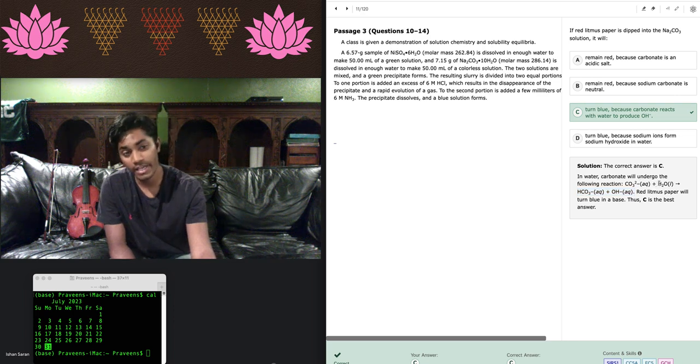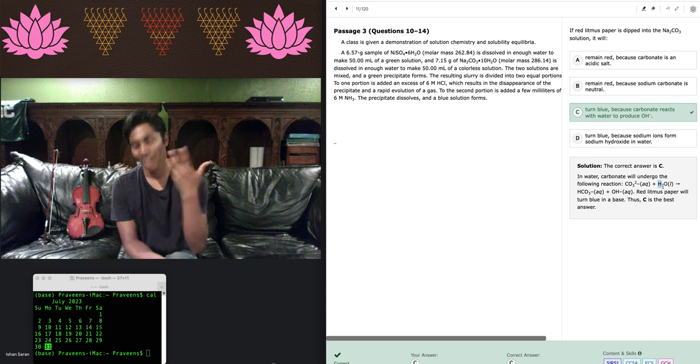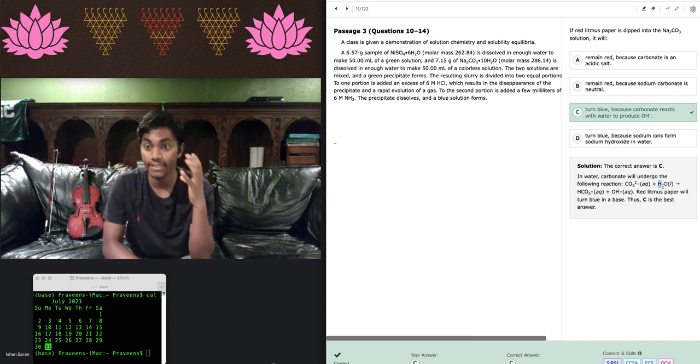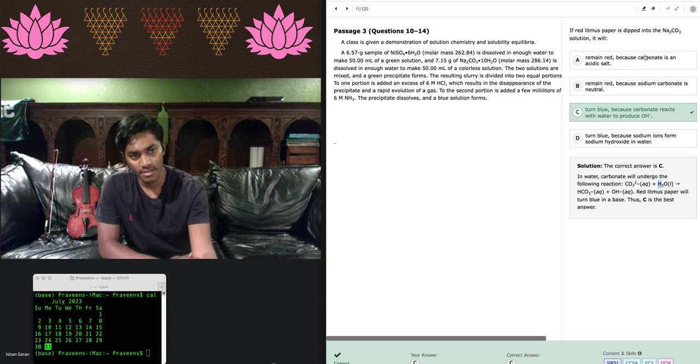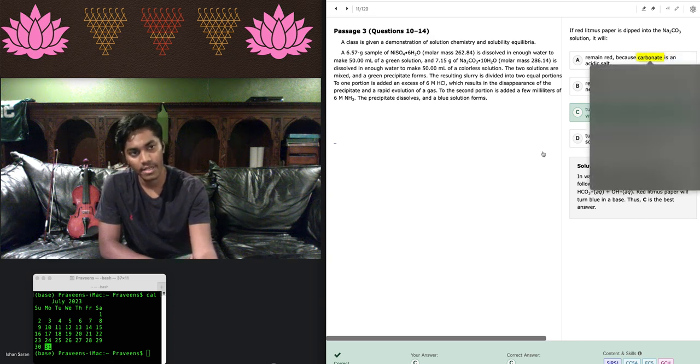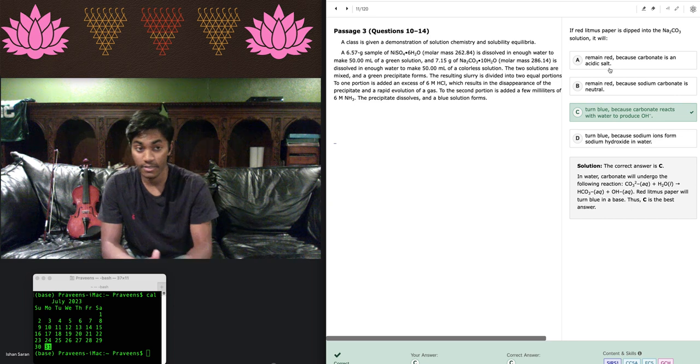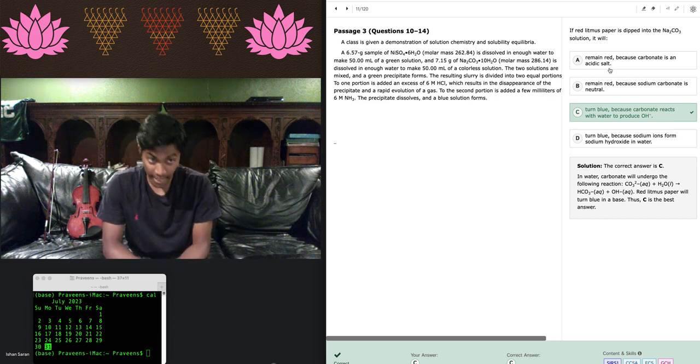Okay, so this is merely saying the carbonate ion is extremely basic. Okay, yep, I think that's right. The carbonate is not an acidic salt, and neither is... okay, perfect.